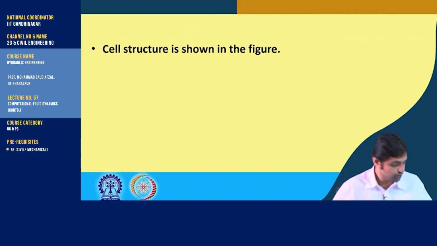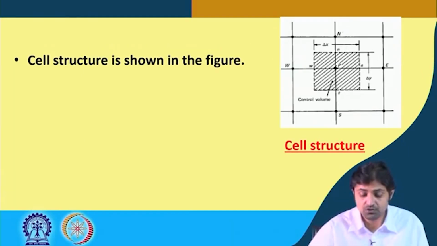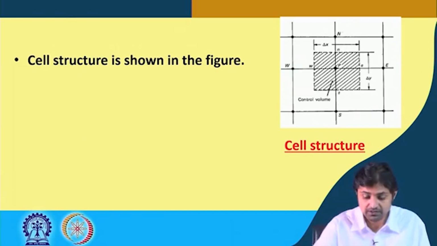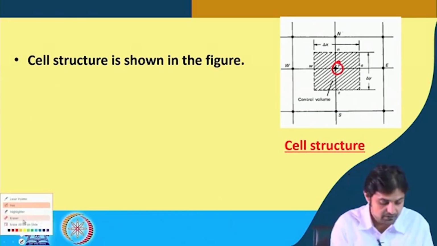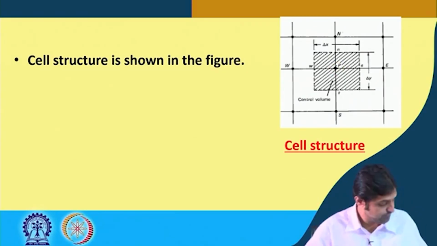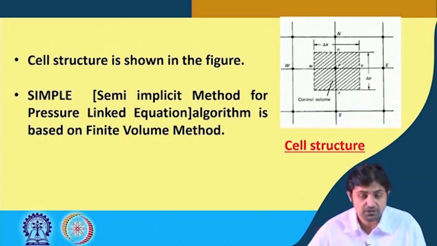Cell structure is shown in this figure here. You see, this is the control volume, the dashed zone, and at the center point, we calculate the things. SIMPLE is one method which is called semi-implicit method for pressure linked equations. So the SIMPLE algorithm is based on finite volume.